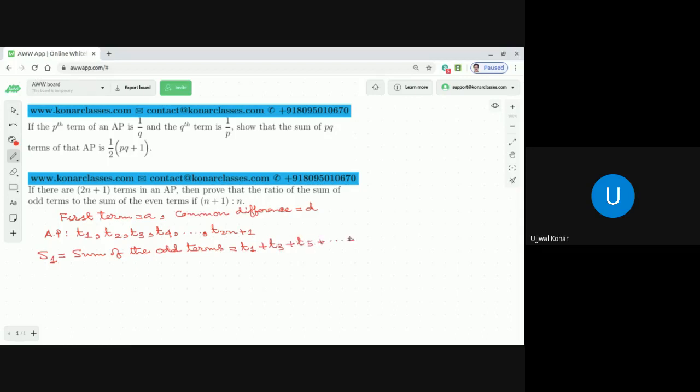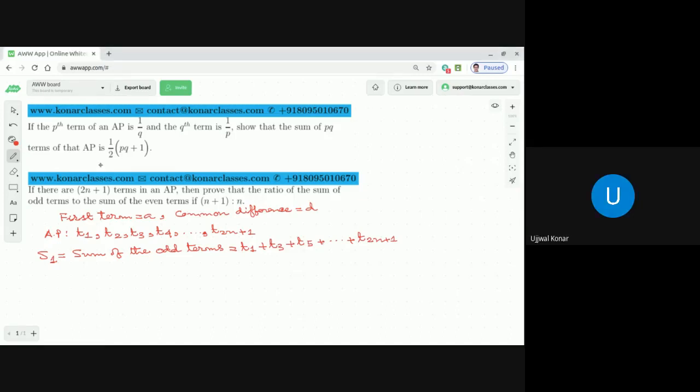In that way it will continue till T 2n plus 1. Correct or not? So how many terms are there? If there are 2n plus 1 terms, then how many odd terms will be there in between? Are you getting my point? So n plus 1. Fantastic. It is n plus 1, isn't it?